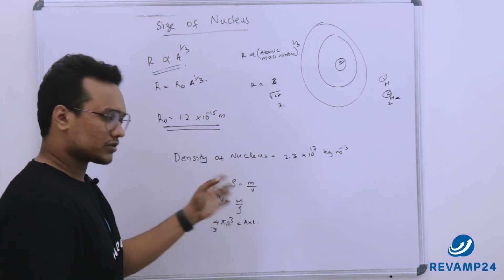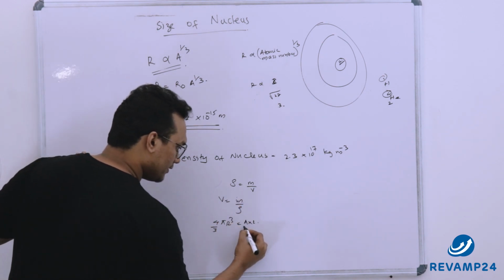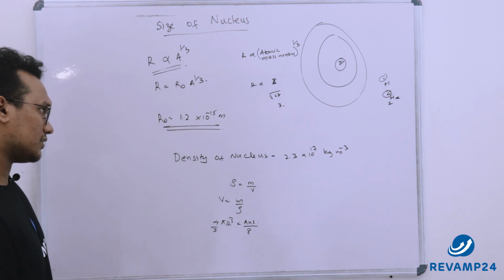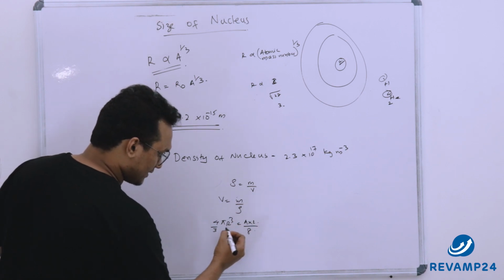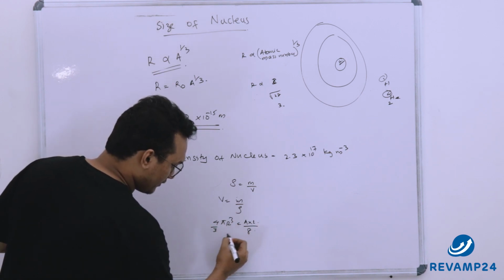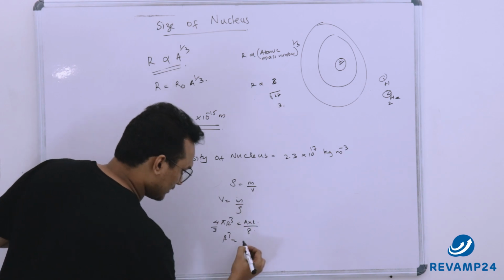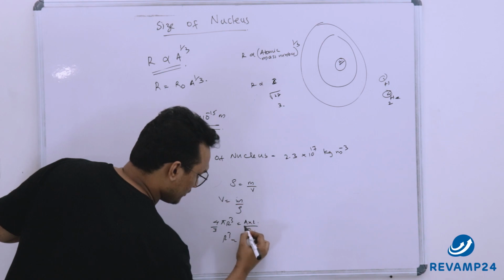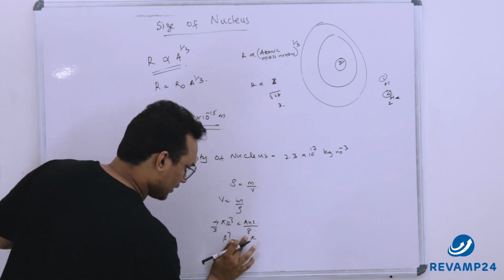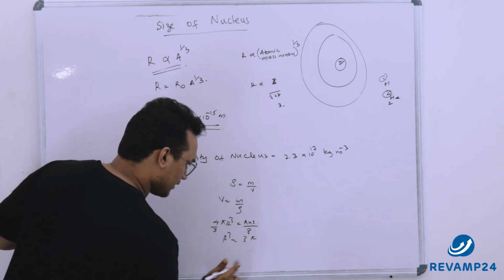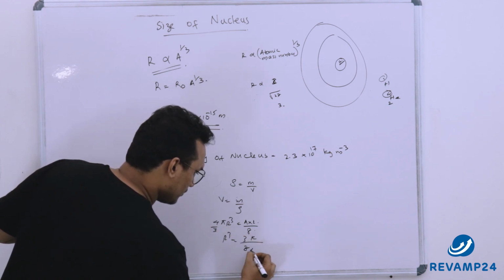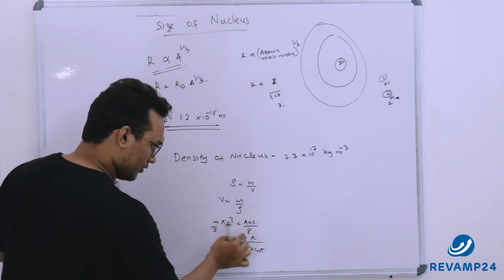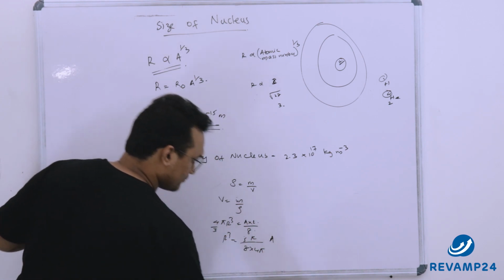So it is directly proportional to mass number divided by density. The density of the nucleus would be constant, right? So I can say that r cube is equal to, transferring everything to the other side, 3 into the constant divided by 4 pi into a.